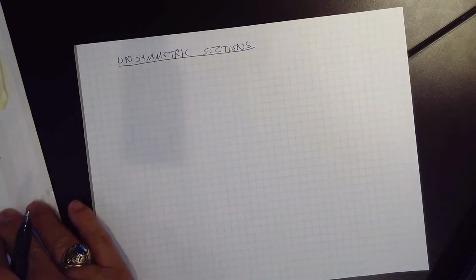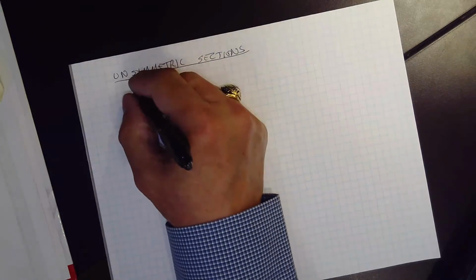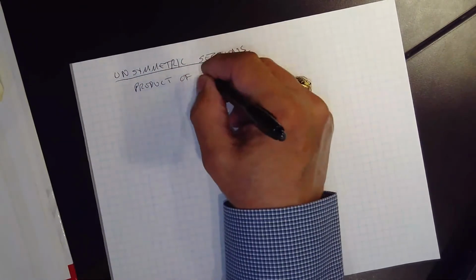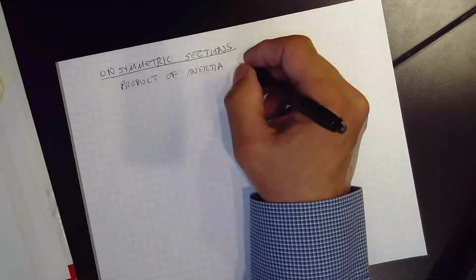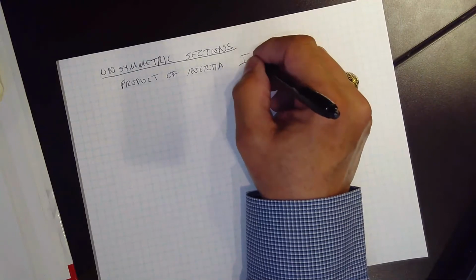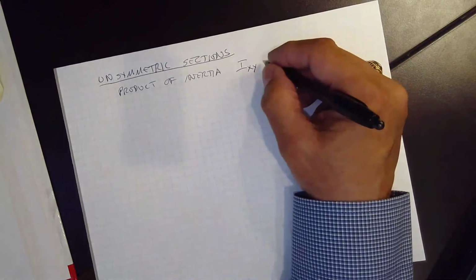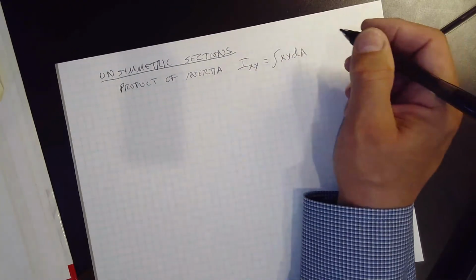What if we don't have symmetry? What do we do? Well, we have a thing called product of inertia. And that's Ixy, and that's equal to the integral of xy dA over A.